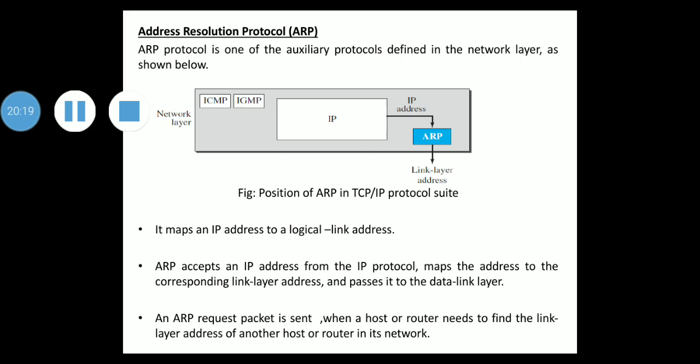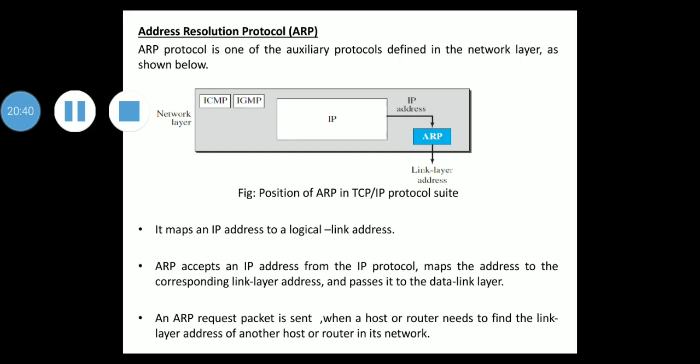It is in the network layer because it maps an IP address into a logical link address. ARP accepts an IP address from the IP protocol, maps the address to the corresponding link layer address and passes it to the data link layer.